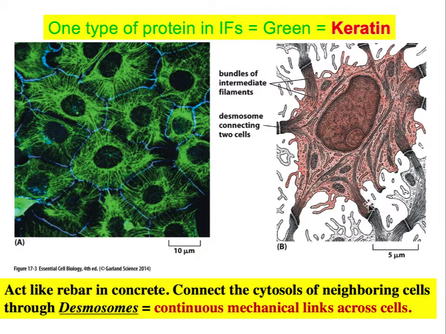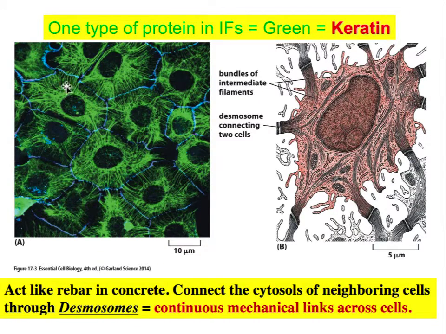So this cartoon here shows us how the intermediate filaments of keratin transmit forces across this cell, around the nucleus, and then into neighboring cells. And although the filaments don't go across the plasma membrane, they are connected to the inside, and at the surface they connect using alternative proteins which are part of these structures called desmosomes or cell junctions.